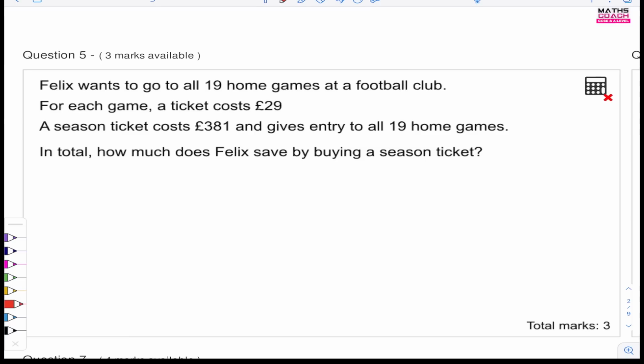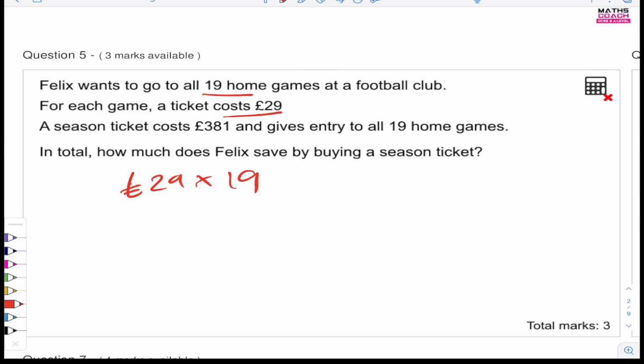Question 5. Felix wants to go to all 19 home games at a football club. For each game, a ticket costs £29, a season ticket costs £381 and gives entry to all 19 home games. In total, how much does Felix save by buying a season ticket? So let's work out the cost of 19 tickets at £29 each first. So 29 times 19.